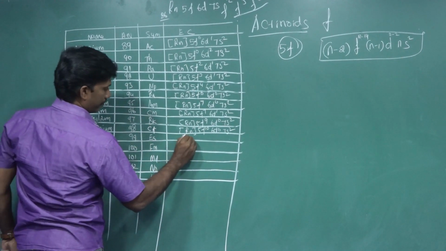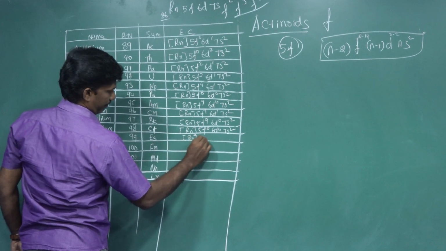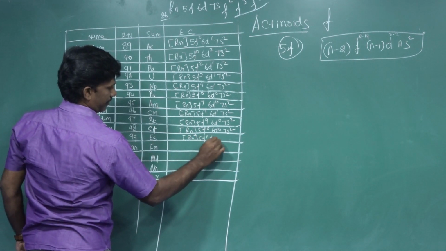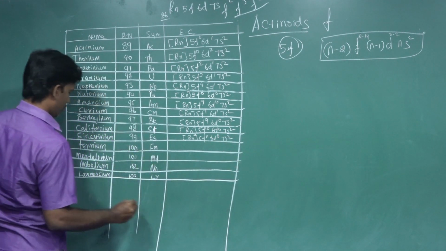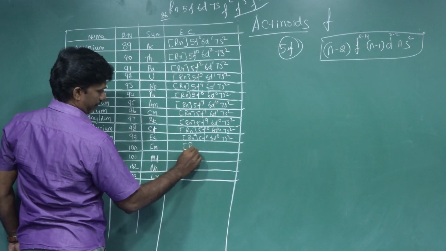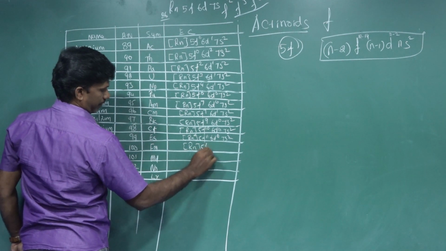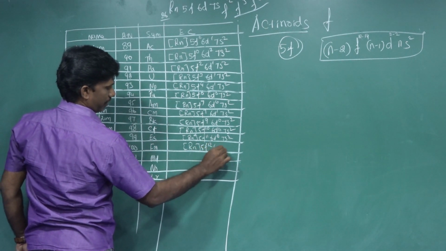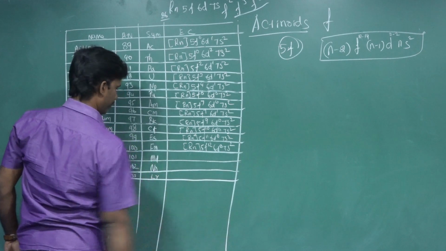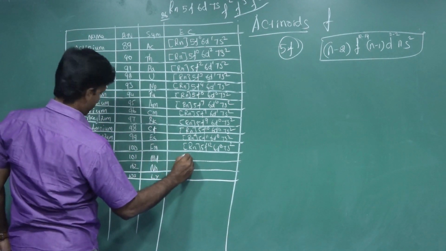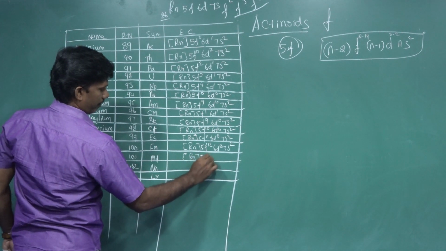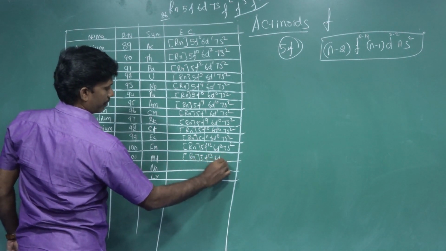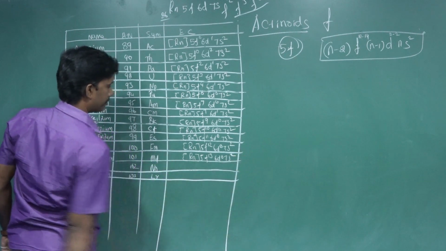Einsteinium, radon 5f11 6d0 7s2. Fermium, radon 5f12 6d0 7s2. Mendelevium, radon 5f13 6d0 7s2.